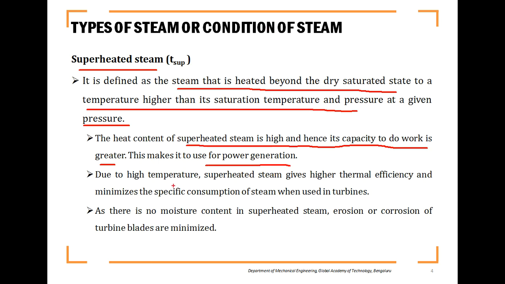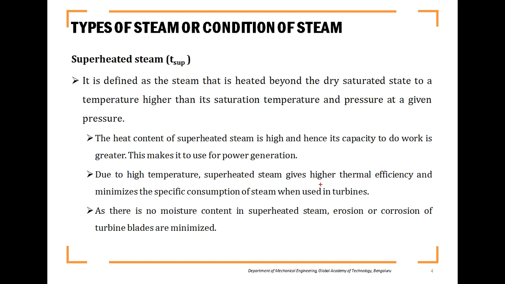Due to the high temperature, superheated steam gives high thermal efficiency. Important point: it gives high thermal efficiency, and it minimizes the specific consumption of steam when used in turbines. That is the reason superheated steam is used in power production. As there is no moisture content in superheated steam, erosion or corrosion of turbine blades is minimized.